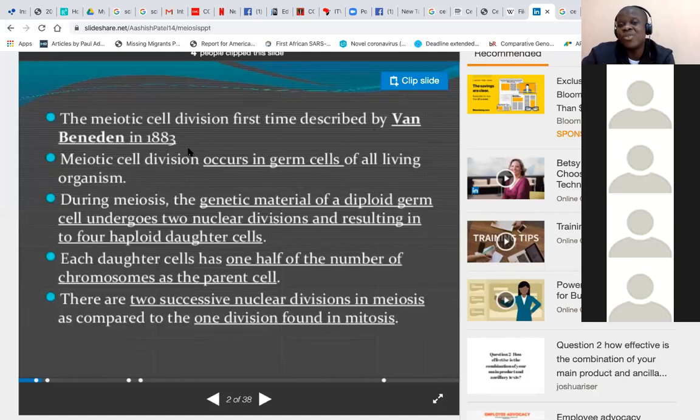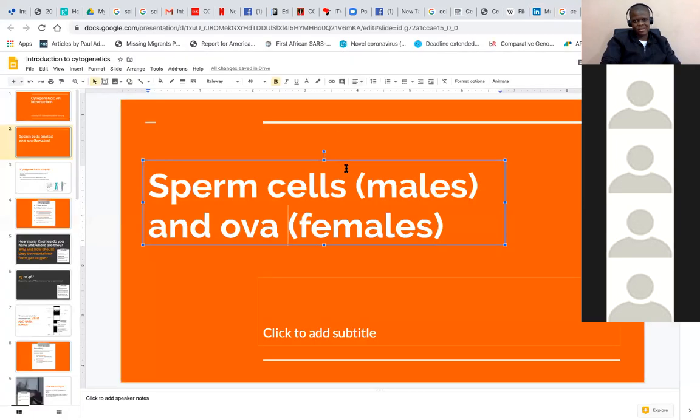If you remember when I was justifying the rationale behind why we need a haploid mechanism, you can look at your screen. Let's say we don't have a means of halving the chromosomal number.